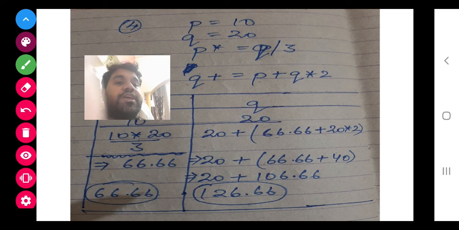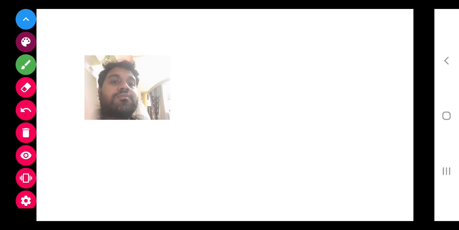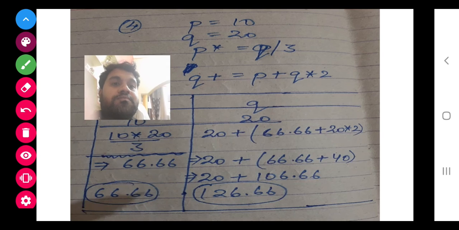In this we have to get the answer for p and q. So I have taken two variables p and q. p equals 10 and q equals 20. So the first two lines are solved.